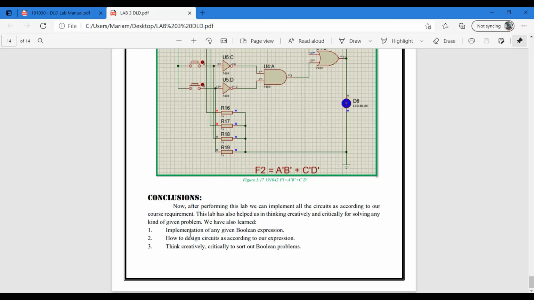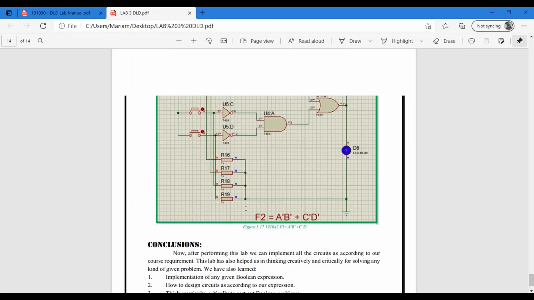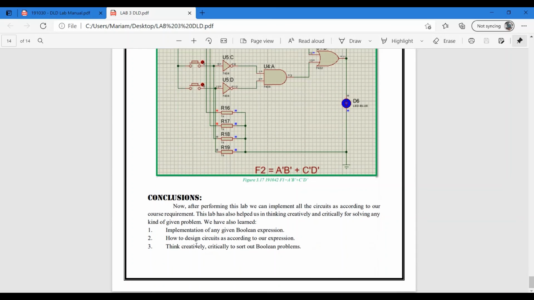An expression is designed first by using the method of De Morgan's, or as we do in mathematics, parentheses first, then addition, deciding who is higher and who is below. By doing that, we can implement these circuits here.